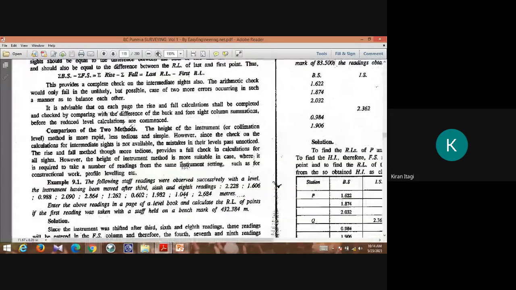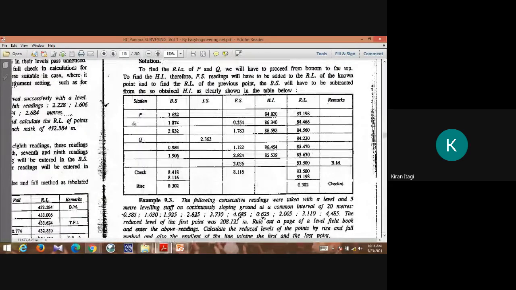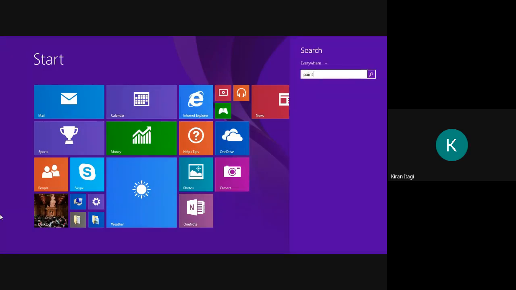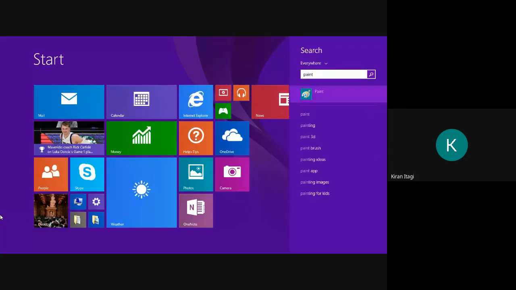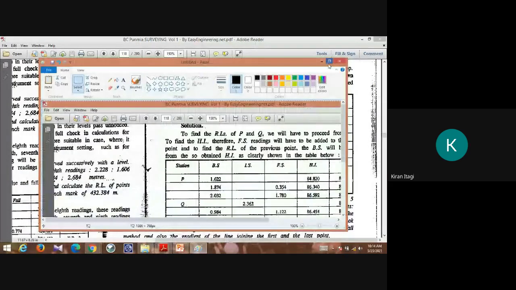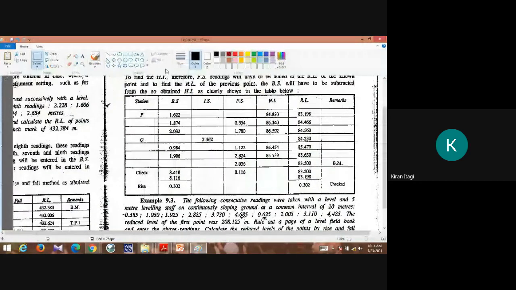The only problem here is that I can't write in the PDF. See, these are backsight, intermediate sight, foresight, everything he has given in the question.